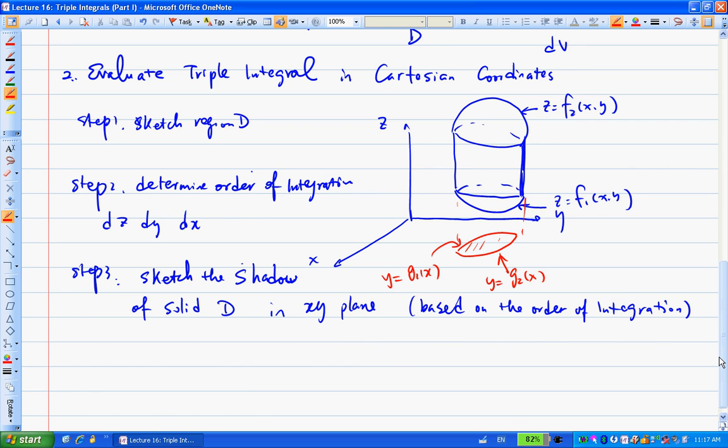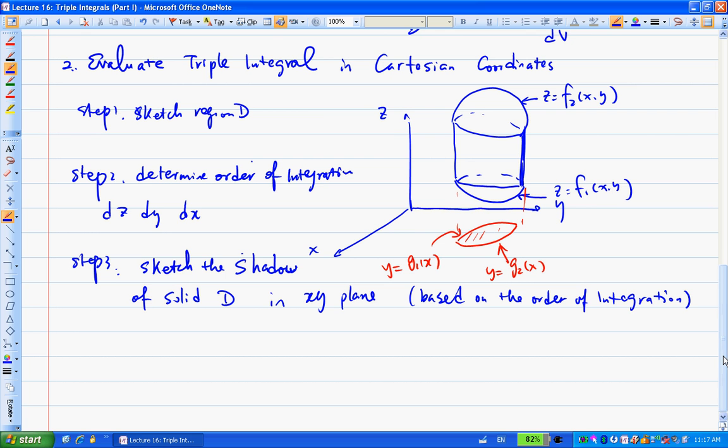Once we finish this, now we're ready to do our sketching here. So step number 4 is to find the integral limits. Remember what I said? The idea is to try to sweep through the solid.